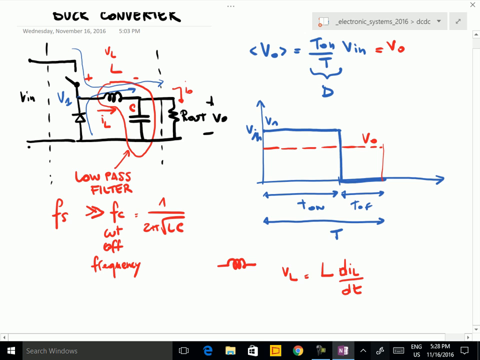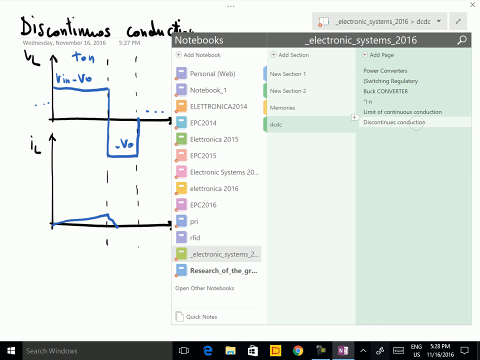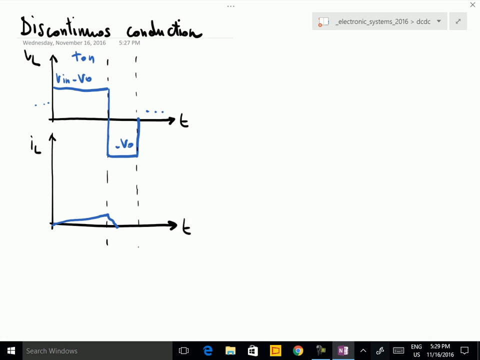And therefore it goes to 0, and then it increases again. So we have a significant part during which we have 0 current.